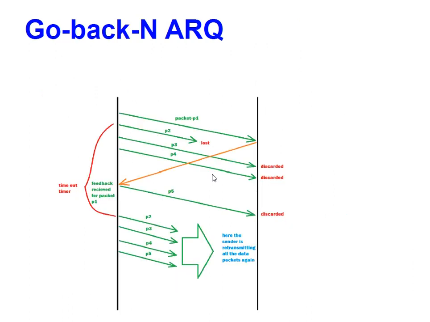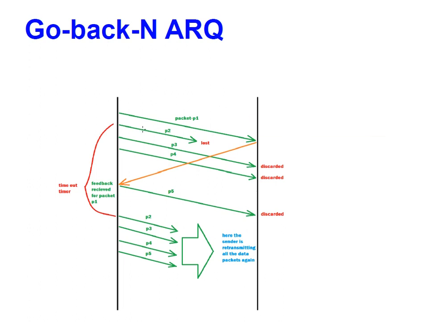So let us see the Go-Back-N case. In the Go-Back-N protocol, again you have a window, based on the sliding window, at the sender side. This is your sender side, this is the receiver side.